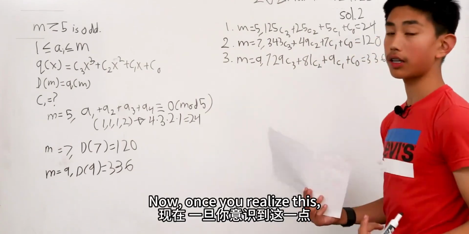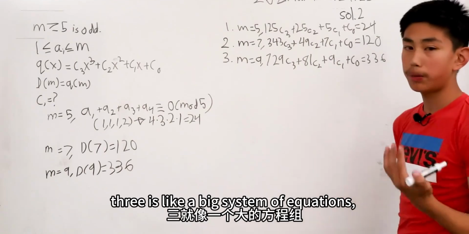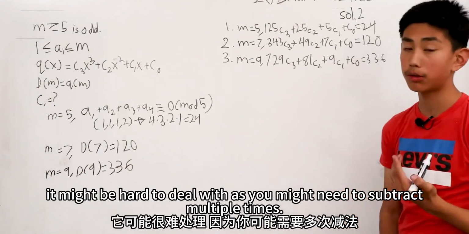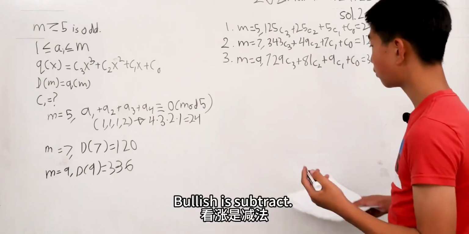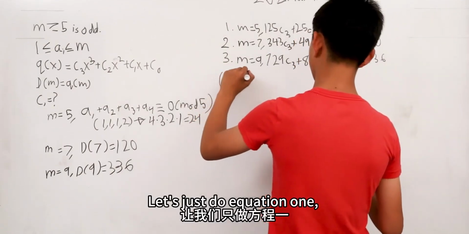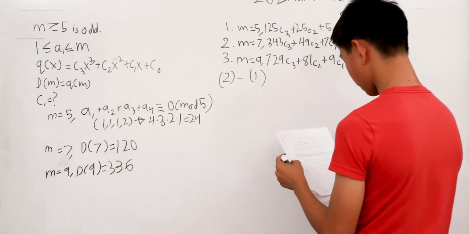Now, once you realize this is a big system of equations, it might be hard to deal with as you might need to subtract multiple times. But let's just subtract equation 1 from equation 2.